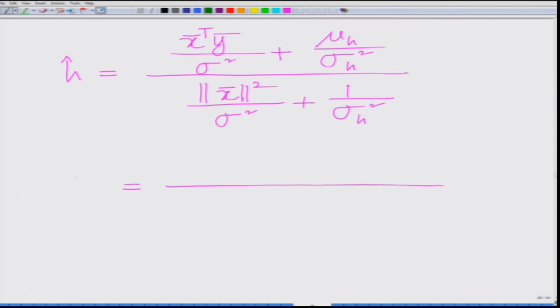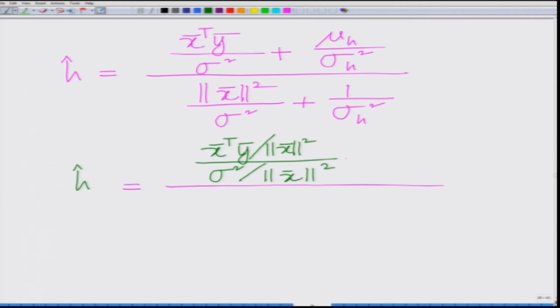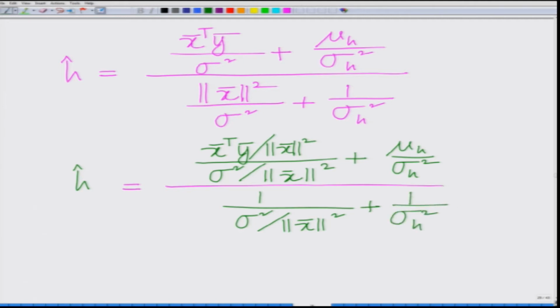I can write this as h hat equals x bar transpose y bar divided by norm x bar square, divided by sigma square by norm x bar square plus mu h by sigma h square, divided by 1 by sigma square by norm x bar square plus 1 divided by sigma h square.